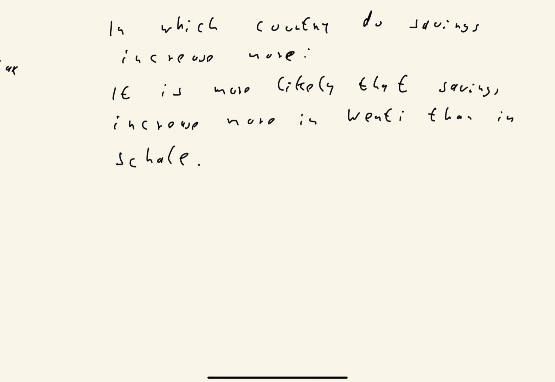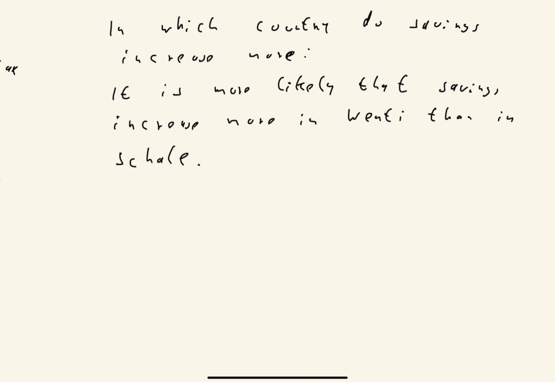The reason for this is simply that the limit in Shale has been very high before compared to Venti. Therefore, there could have been a situation where the limit is so high that an additional $2,000 does not affect the individuals, so there are not so many individuals who are exactly at the boundary of $5,000. The change in relative price does not affect those individuals in Shale rather than in Venti.